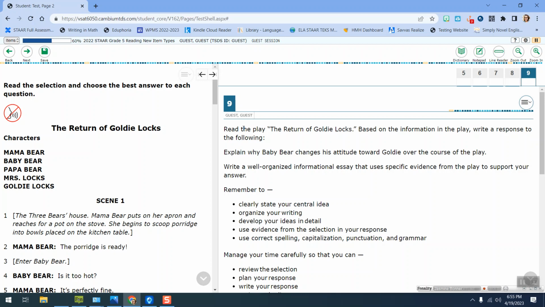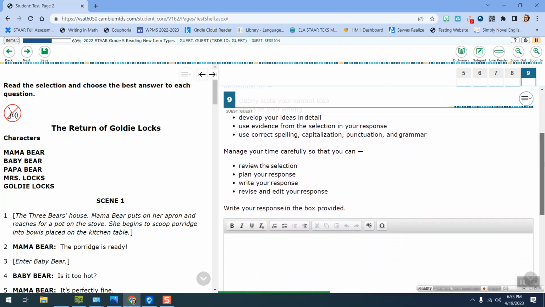Write a well-organized informational essay that uses specific evidence from the play to support your answer. Remember to clearly state your central idea, organize your writing, develop your ideas in detail, use evidence from the selection in your response, use correct spelling, capitalization, punctuation, and grammar. Manage your time carefully so that you can review the selection, plan your response, write your response, revise and edit your response. Write your response in the box provided.